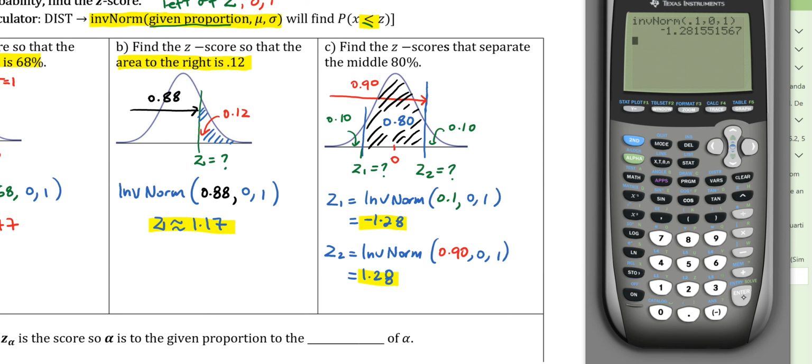By symmetry, we know z2 should be positive 1.28. Let's verify that. So second vars, number 3, area on the left of z2 is 0.9, and mean 0, standard deviation 1. Notice that I should get positive 1.28. So again, that's the process of finding a z-score under a normal curve.